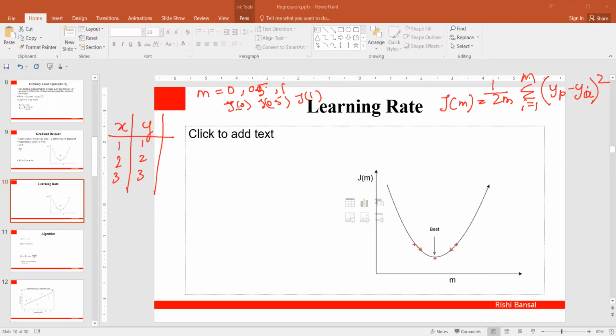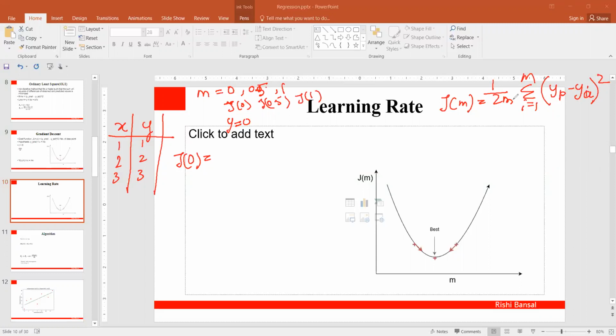Okay, so for J equal to 0 means m equal to 0. What will be our line equation? It will be y equal to 0. So if you calculate J0, what will it be? Here m is the number of points, don't get confused with that.